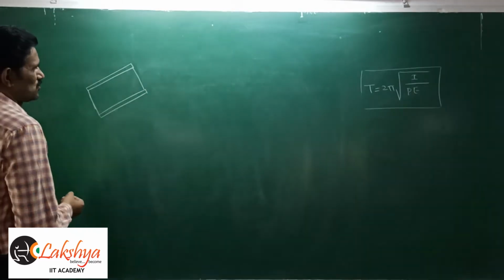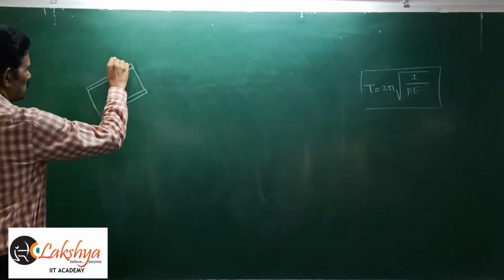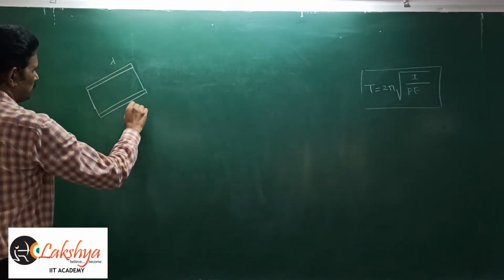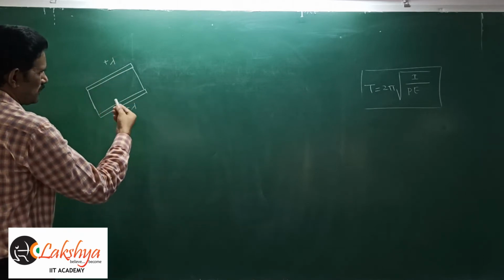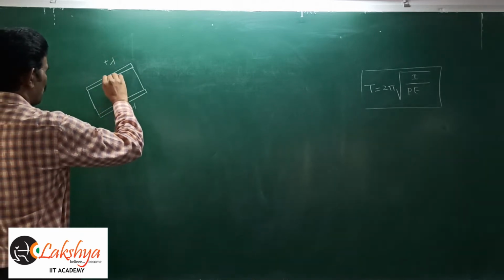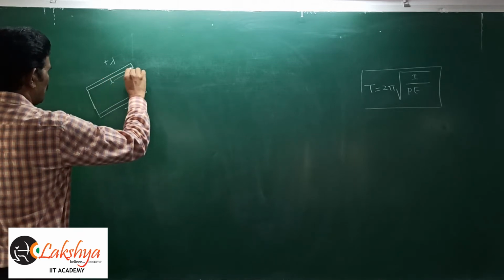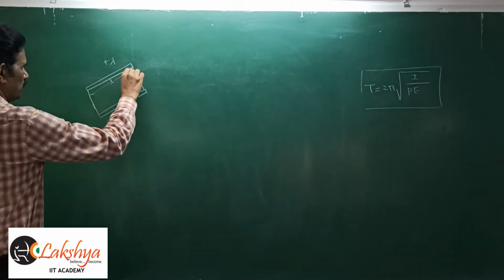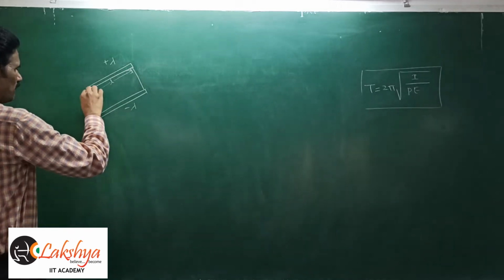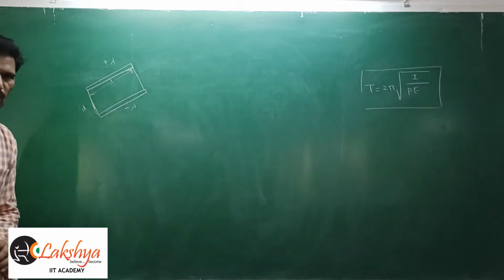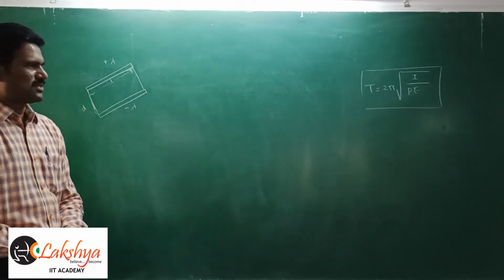So these are two line charges having charge density, say lambda. This is plus lambda, this is minus lambda, and the length of each rod is L. Those are connected by light rods, in the sense massless rods.